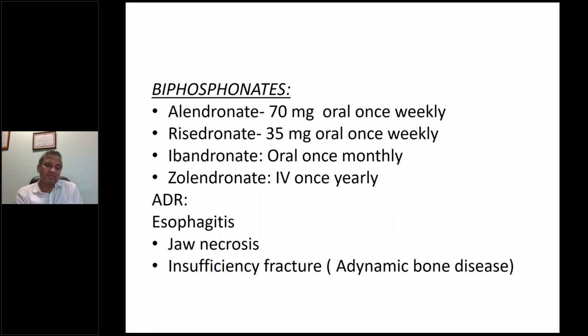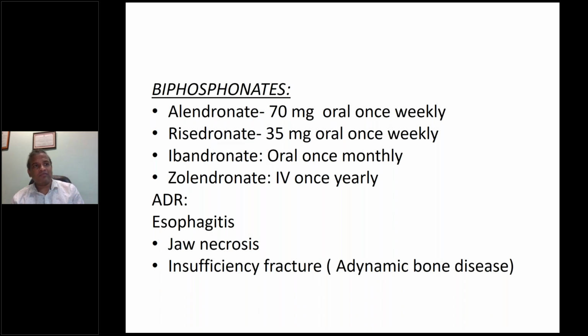It is associated with jaw necrosis, insufficiency fractures, or atypical femoral fractures because of adynamic bone disease, because bone is an organ which is dynamic in nature. They have regular formation and resorption going on. So if we stop resorption, the bone reaches an adynamic state.